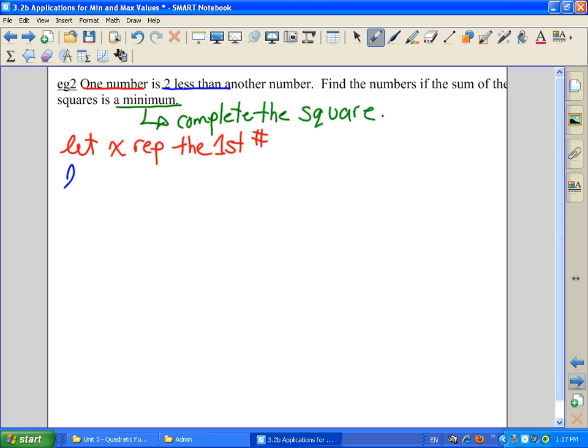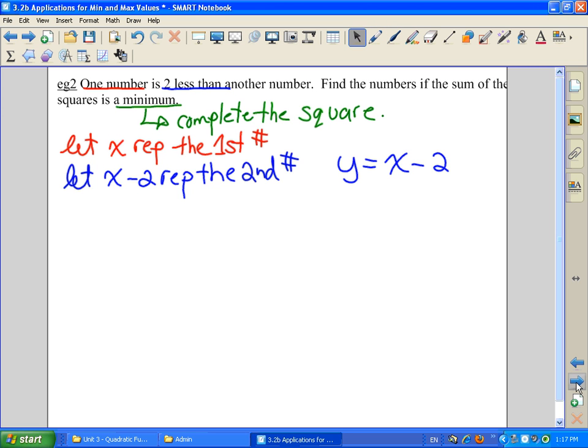So we're going to let x minus 2 represent the second number. Everybody okay with that? So that's a little intro. If you're thinking about how that works, if you had two numbers, x minus 2 equal y, we're just going to let the y part represent that second number. Because again, we want to have one variable. We don't want to use 2.